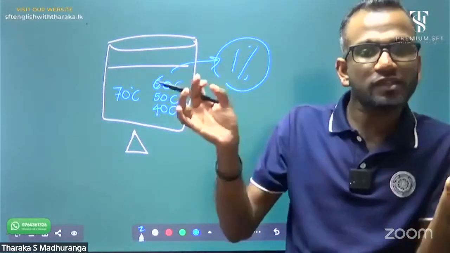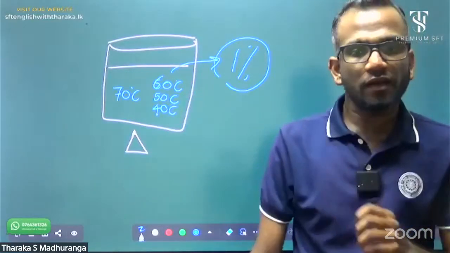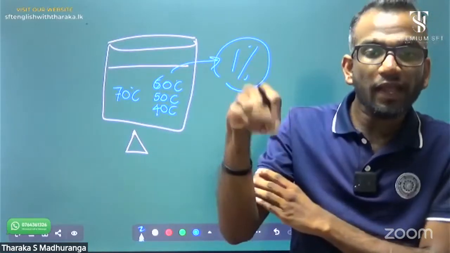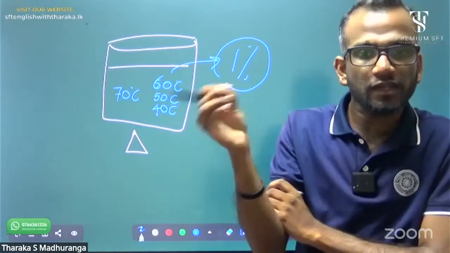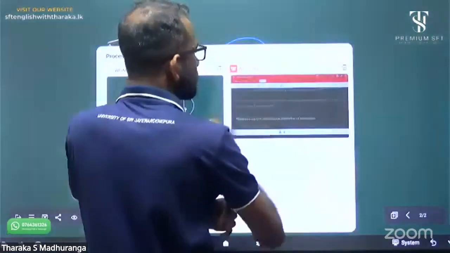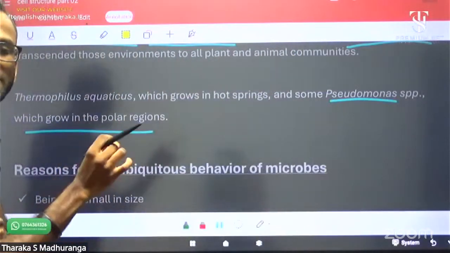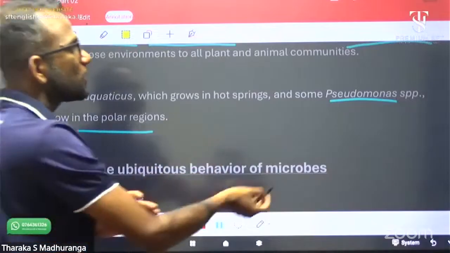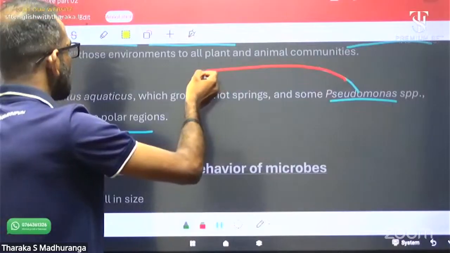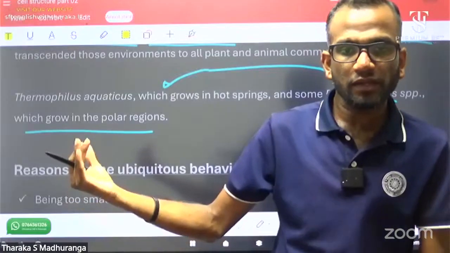That means not every microorganism can live in hot springs and all extreme environments. They have adapted to these extreme environments. As an example, Pseudomonas is adapted to polar regions, glacier minus temperatures. If we add one Pseudomonas bacterium into a hot spring, can it live? No, it will be destroyed, right?